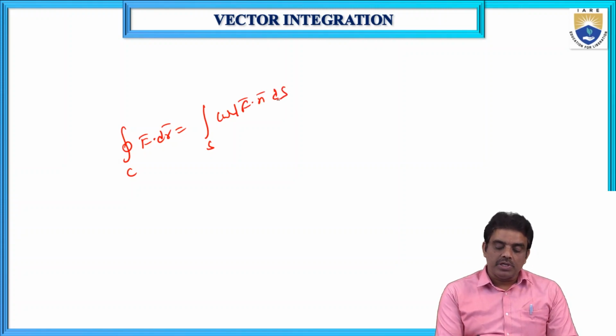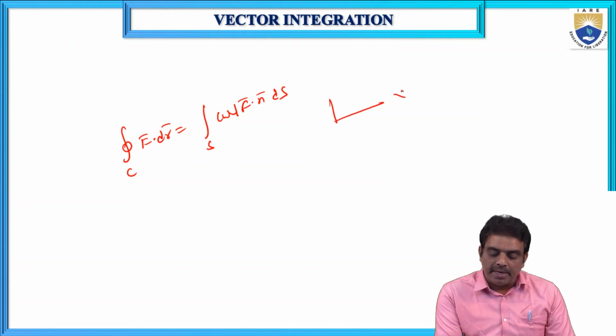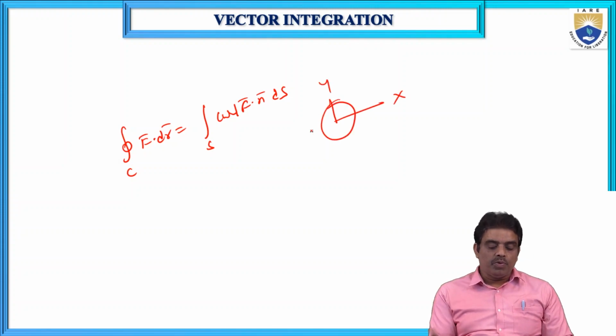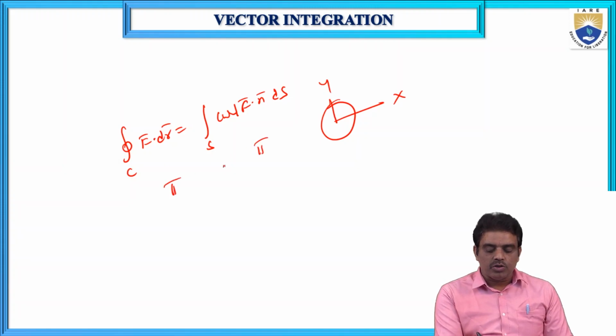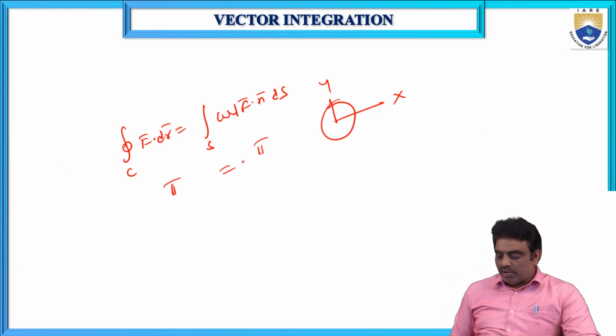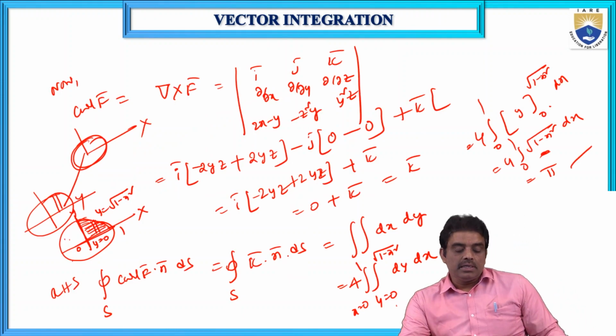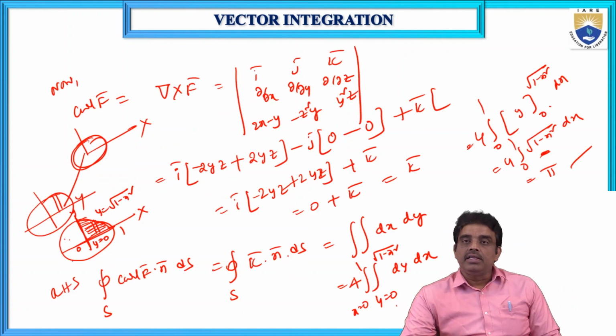In this case, the projection is considered on xy plane. So the projection is taken in xy plane. So we have proved this value is equal to pi, and this is also pi, and both values are one and the same. So the given problem verifies the Stokes theorem.